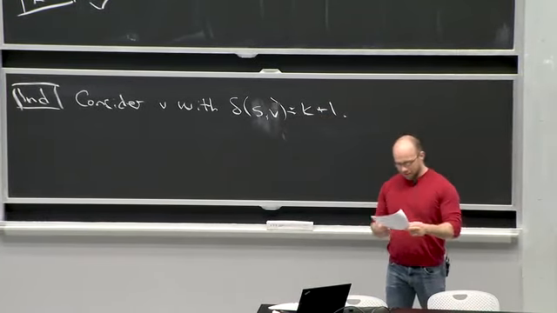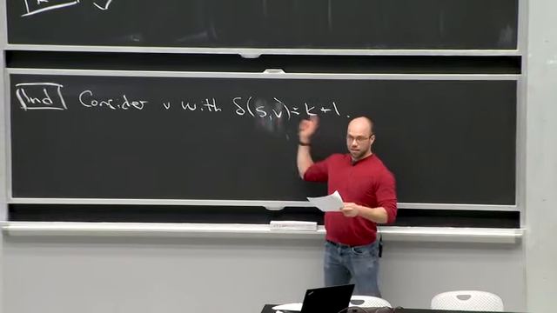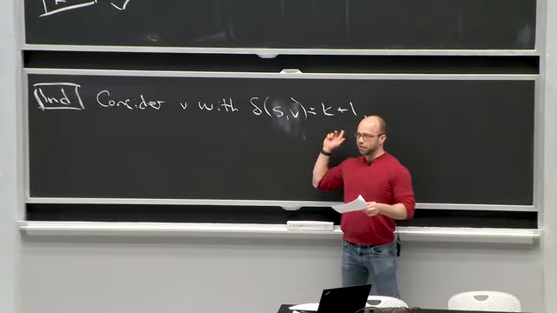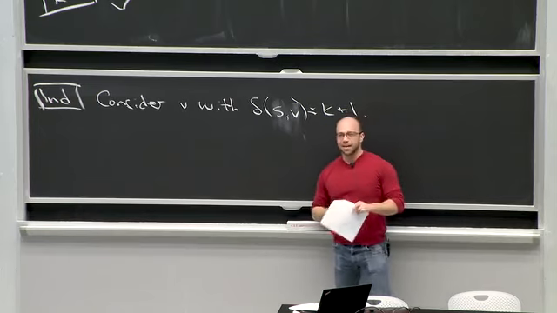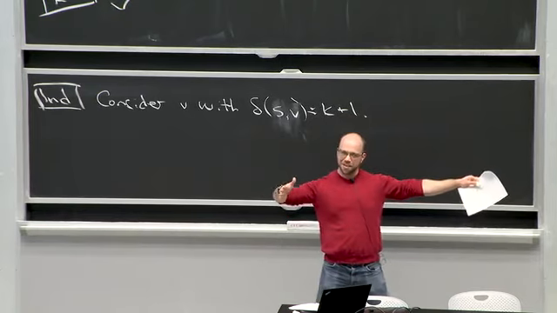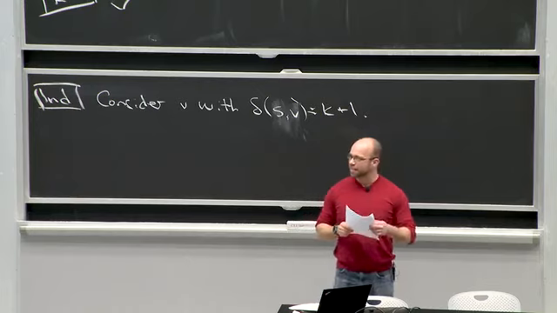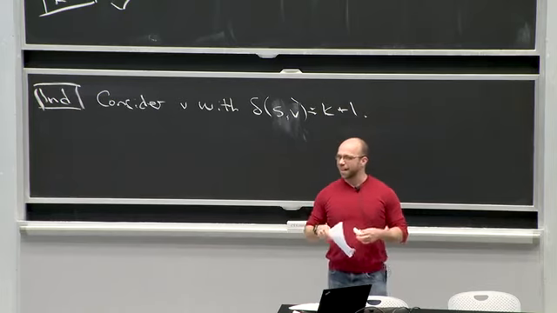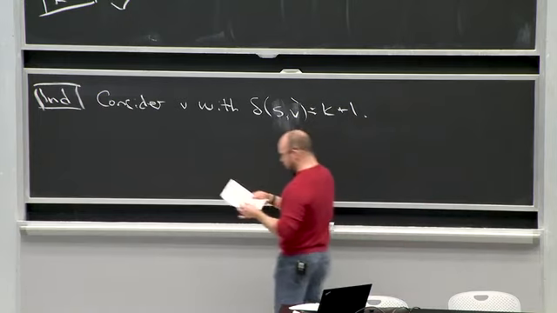Okay, so now what can we do? Well, there's this number is distance here, so in particular, there's some shortest path from S to V. Remember our argument last time, that when we look at a shortest path and we truncate by 1, it's still a shortest path. That property doesn't matter so much here, but at least we know that there's another vertex on the path which is a distance 1 less away.